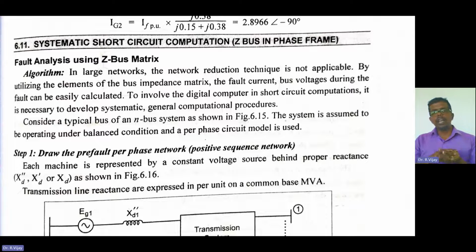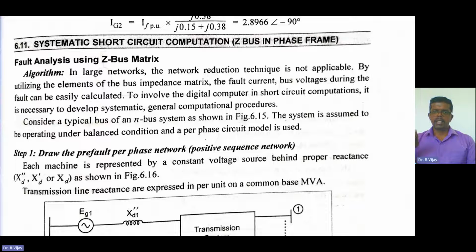So what we are doing is, by utilizing the elements of the bus impedance matrix, the fault currents and bus voltages during the fault can be easily calculated, involving a digital computer in the short circuit computation.